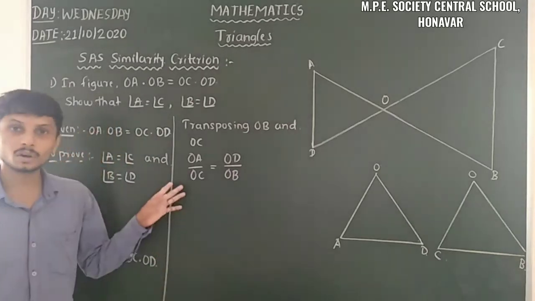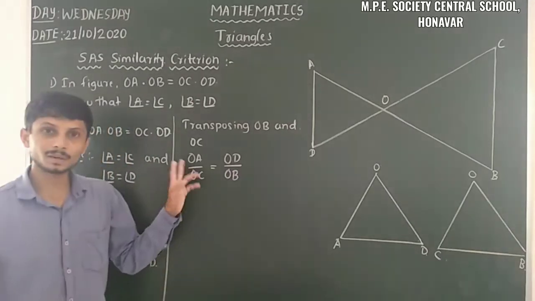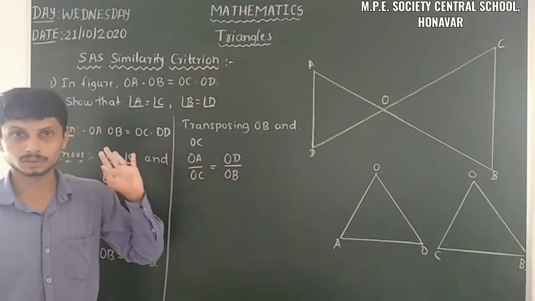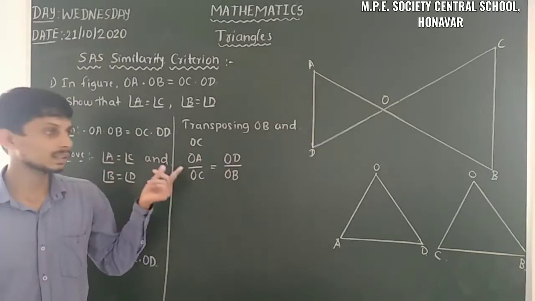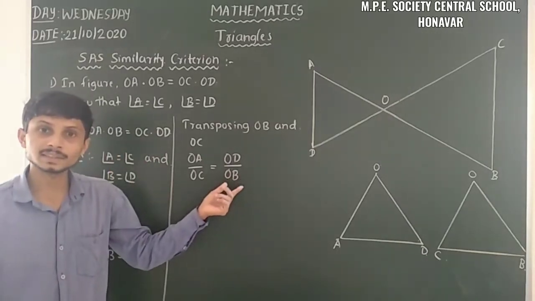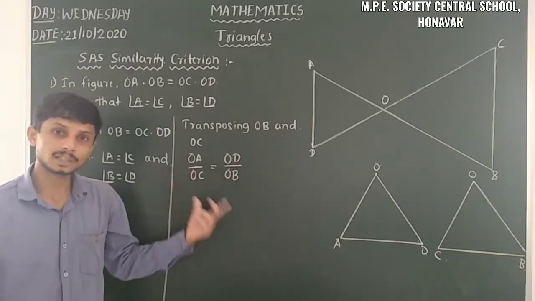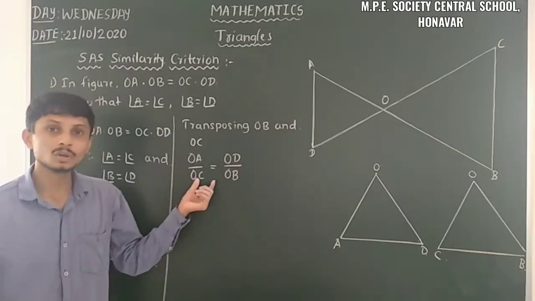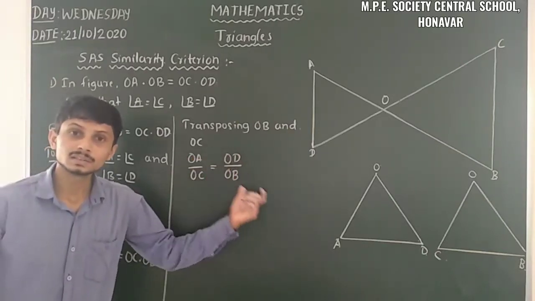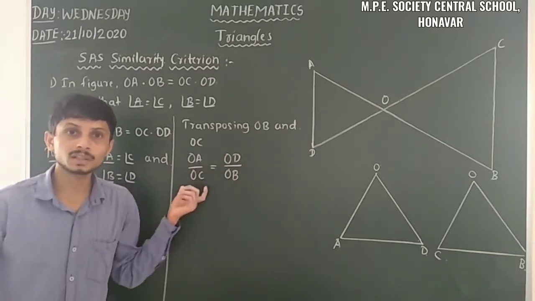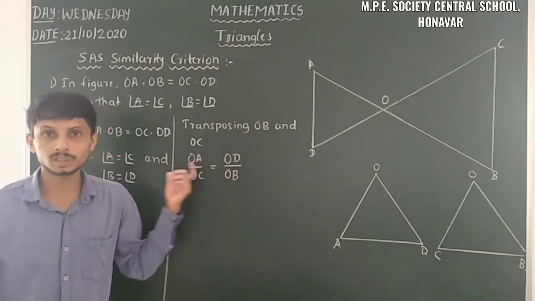So that means here we got two pairs of corresponding sides proportional. That means we can take the SSS rule. For the SSS rule we need three corresponding sides proportional, but here there are only two proportionalities.